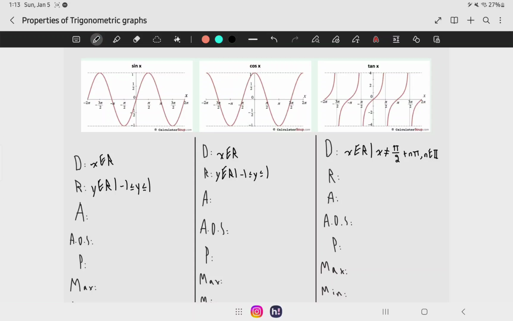And then for the tan function, even though it doesn't show on this graph, the tan function actually has an infinite range, meaning that for tan x, you can either say y is an element of real numbers, or I think a better way of saying it would be that it has a range of -infinity to +infinity.